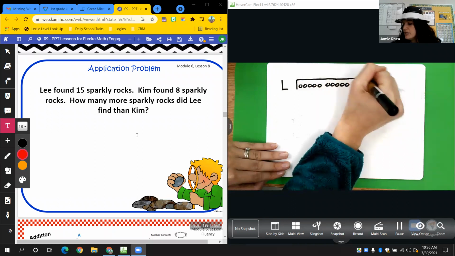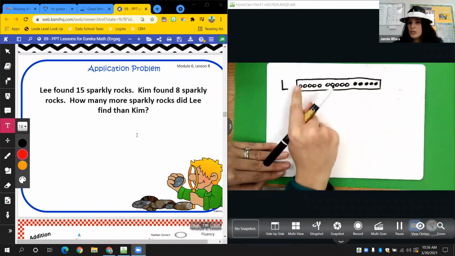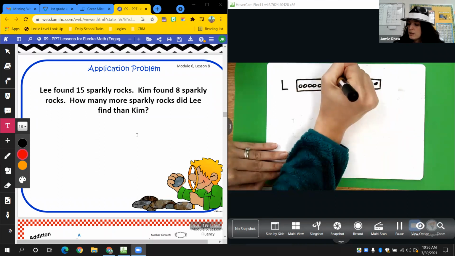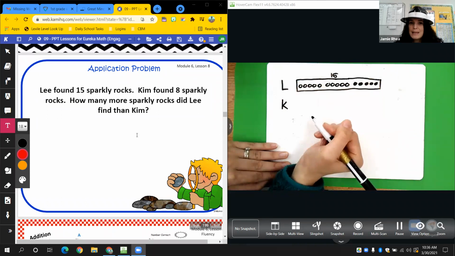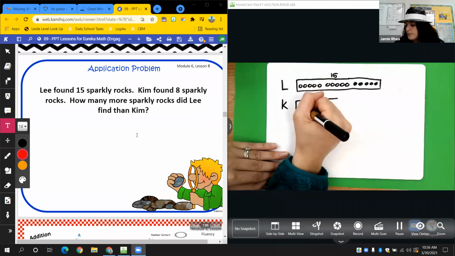All right, there's my 15. Now, I drew it out in here so I knew how many it was, but I'm going to let 15 at the top. And Kim, we know, found 8 sparkly rocks. So let's do 8 for Kim. Ready?